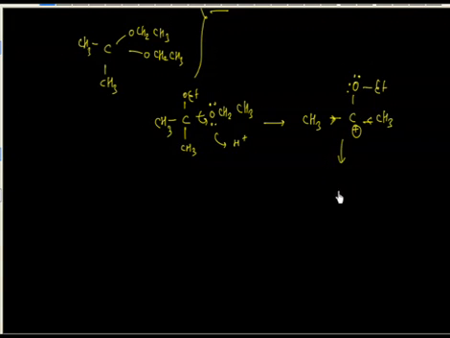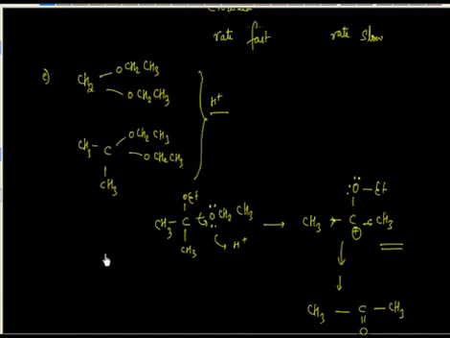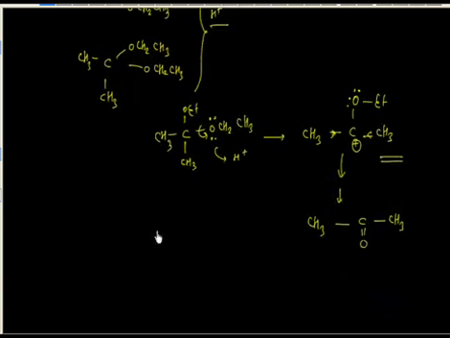Finally you have COCH3. But now see, what is the intermediate? The intermediate is a carbocation. So in these two cases, which will be faster? This will react faster, and even the equilibrium constant for this is higher.